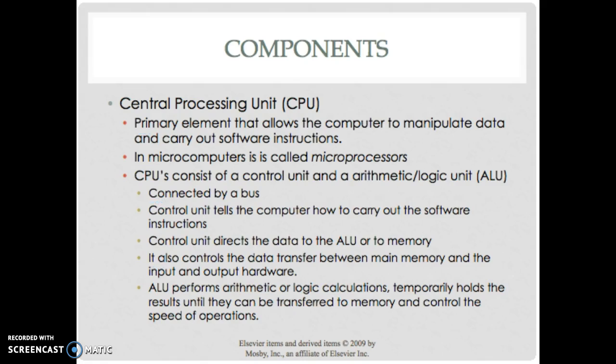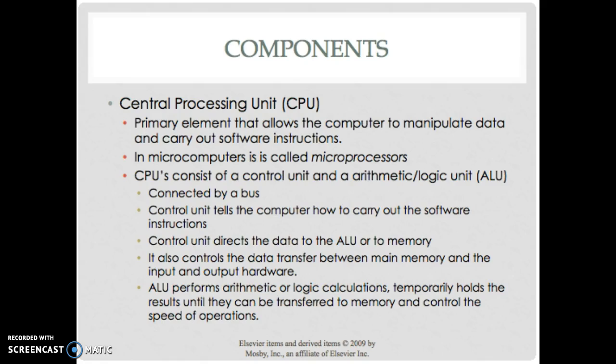So the components: there's a central processing unit, the primary element that allows the computer to manipulate data and carry out software instructions. In microcomputers it's called a microprocessor. CPUs consist of a control unit and an arithmetic logic unit, which is called the ALU. They're connected by a bus.